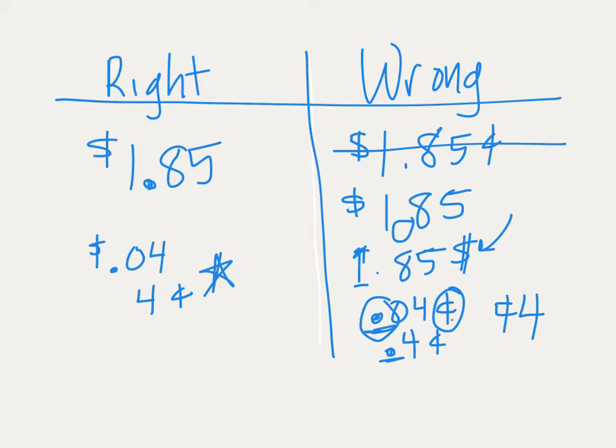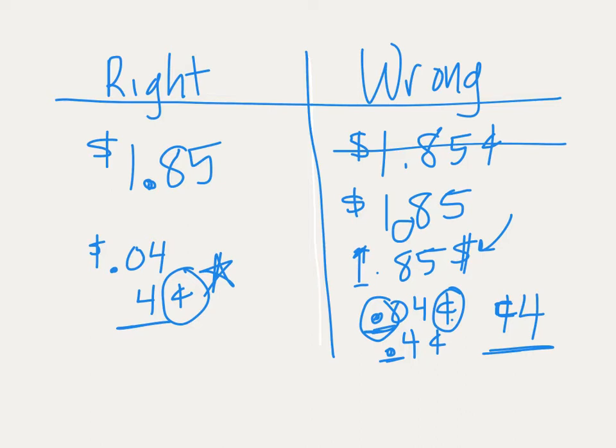Decimal point, cent sign, cannot mix those. Cent sign stands all by itself. Notice the cent sign, there's nothing else here except for a number. There's no dollar sign, there's no decimal point. And this one's wrong because the cent sign goes after the number.